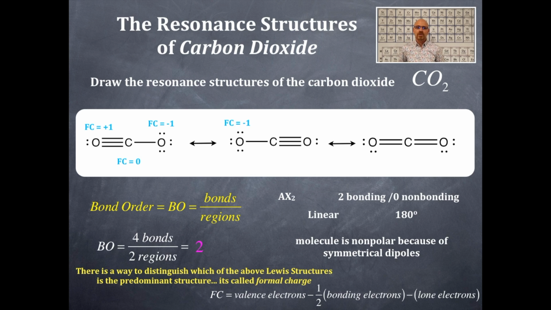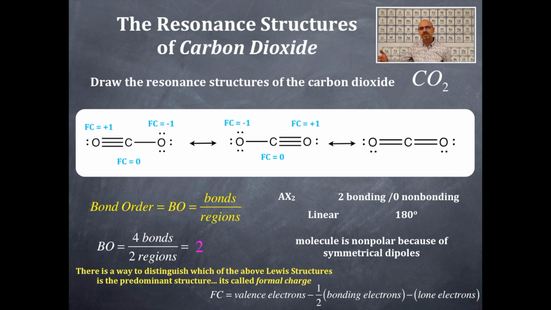All right, so let's look at this middle structure. Formal charge of -1, formal charge of 0, formal charge of +1. These formal charges are truly the flip, or the reciprocal, if you will, of the left-hand Lewis dot structure.